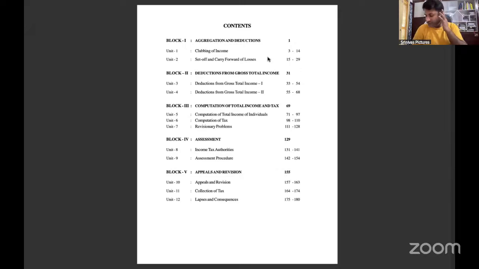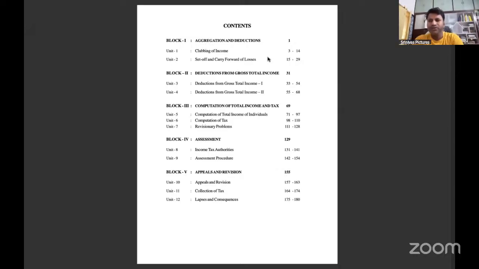For example, when the assessee has more than one house, 2 or 3 houses, we first club the income of the house properties. You can club the income from the various house properties and give one figure, that is clubbing of income. Not only income from house property, but also income from business or profession.